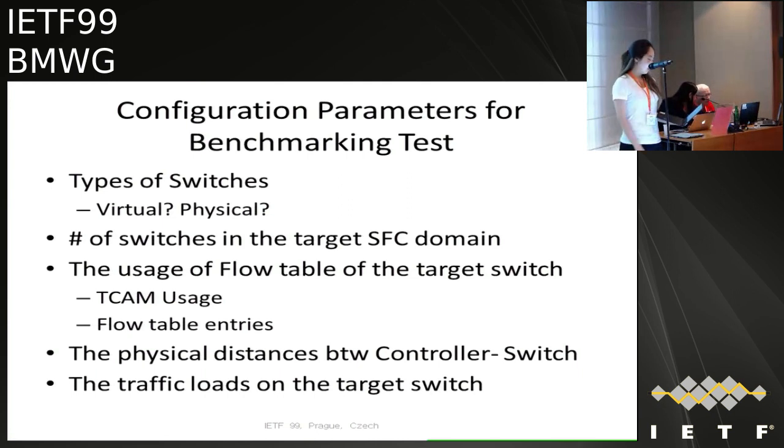The second one is the number of switches in the target SFC domain. The third is the usage of the flow table of the target switches, like TCAM usage or flow table entries. It is going to be affected when the SDN controller sets up the rules on the SDN switches. The status of the SDN switches is going to affect the accuracy of the SFC.